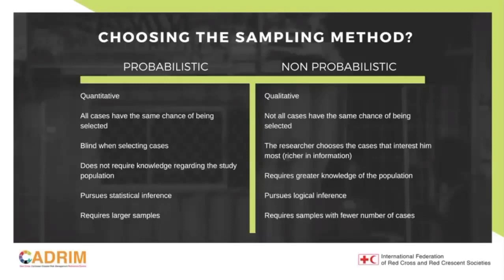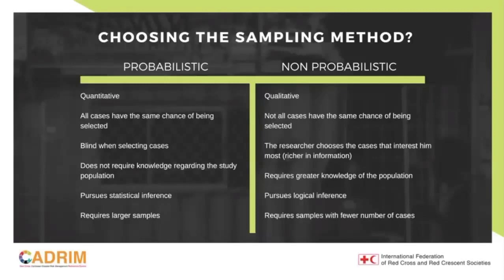We can identify, for example, the list of communities where we are going to implement the survey and the profile of the people that we are going to select, but we cannot say the specific persons that we are going to select in the community. We can go to the field with an idea of the profile of the people, but not with their names. We need to be blind when we are selecting these cases.